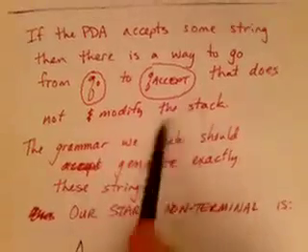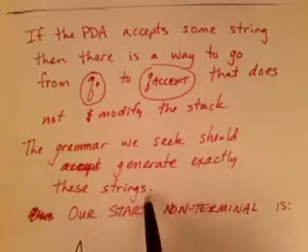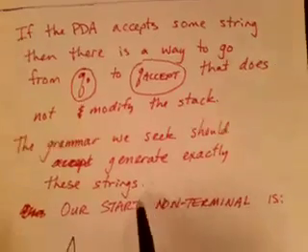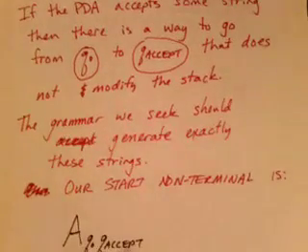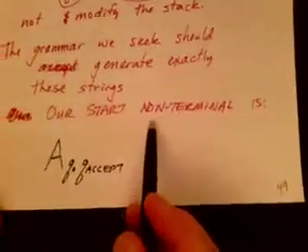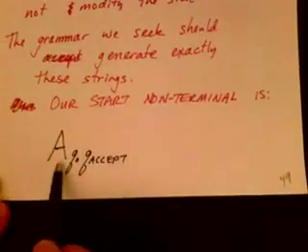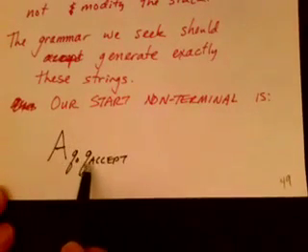So the grammar we seek should generate exactly the same strings. So we need our start state in our context-free grammar to be the non-terminal A, Q0, QAccept.